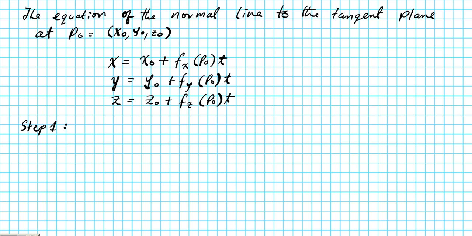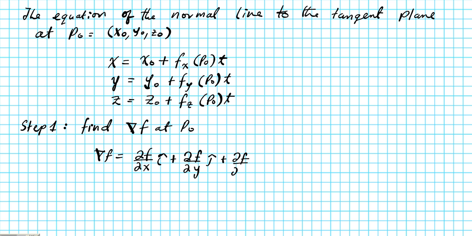Step one, find the gradient of f at p sub 0. So remember what the gradient is. Del of f is the partial of the function with respect to x in the i direction, plus the partial with respect to y in the j direction, plus the partial with respect to z in the k direction.